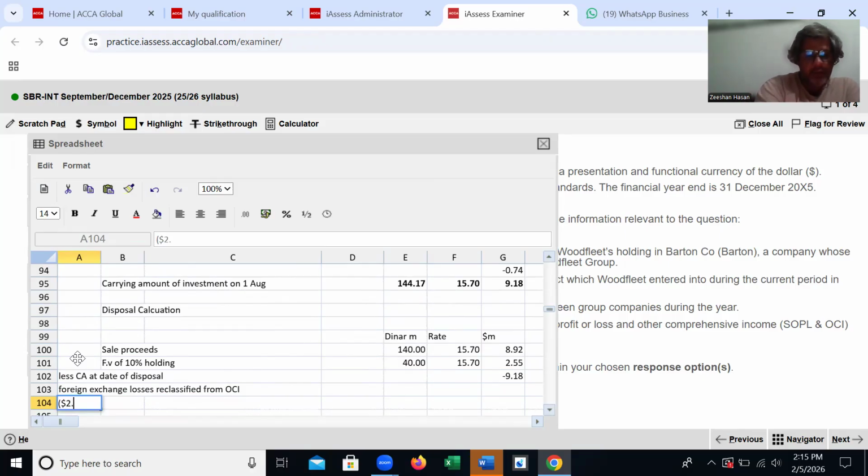Dollar 2.60 million plus 0.74 million. It's 3.34.